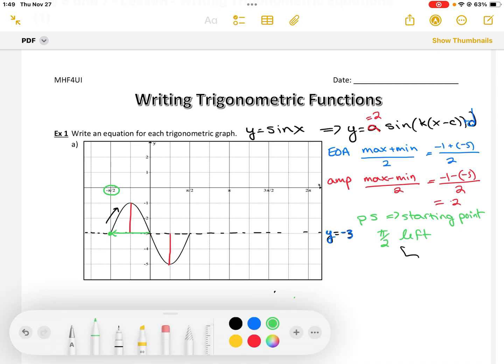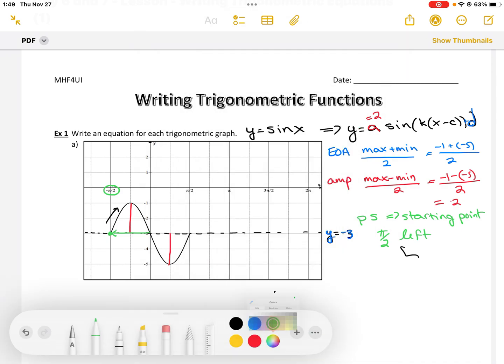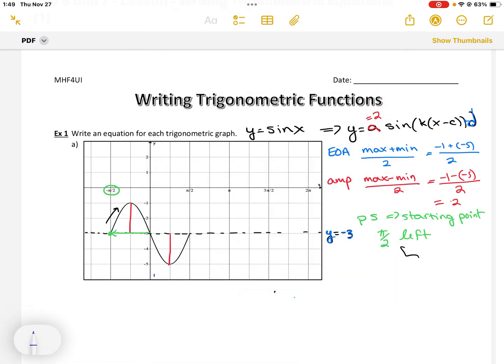Once I've done those three characteristics, the last thing that I need to do is the period, which is the length of time to complete one cycle. So we'll do it in purple here. So that is the distance between my starting point all the way to the end point. So I can see that I'm starting at -π/2 and that I'm finishing at π/2.